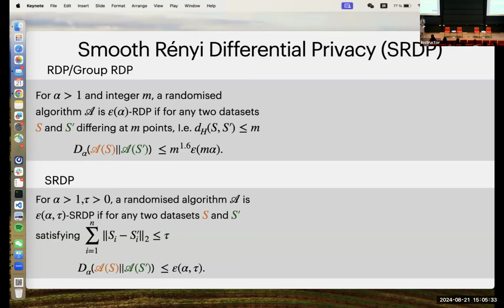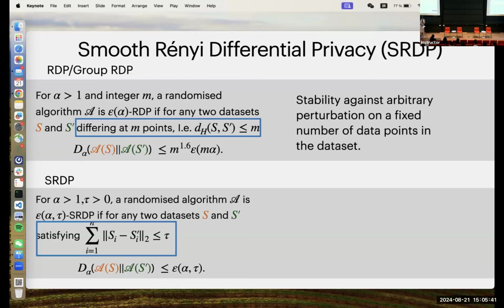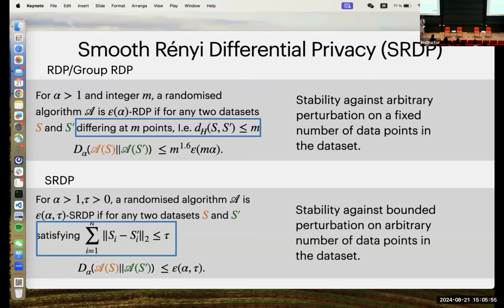We consider datasets with bounded L1 or L2 distance, for instance. In words, the original definition defines stability against arbitrary perturbation on a fixed number of data points. Here we are saying that we have stability against bounded perturbation on an arbitrary number of data points. If you look at the example of PCA, every point changes, but the change itself is very small. We want to quantify this kind of stability.